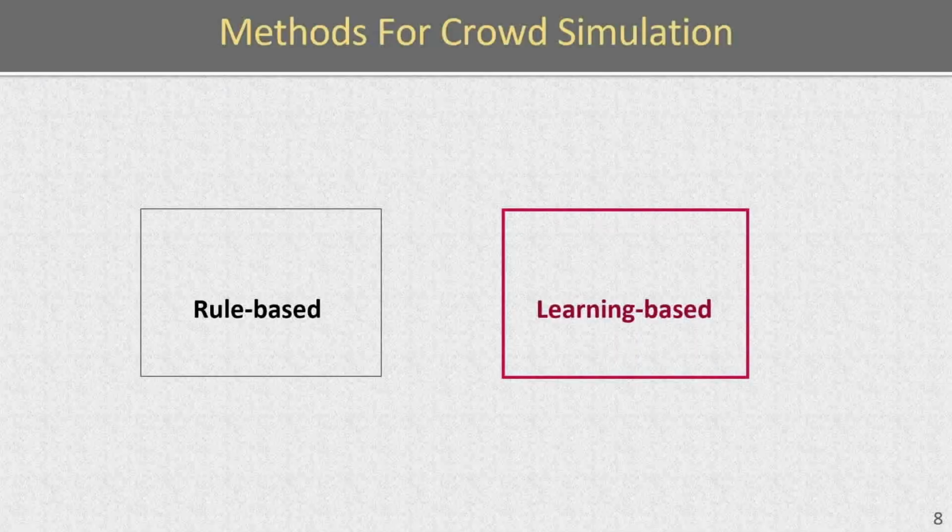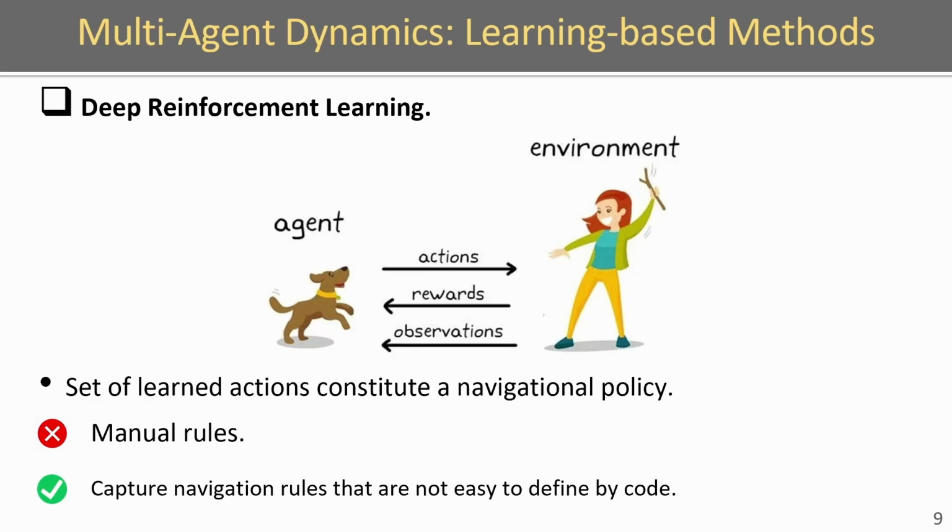For this, researchers have recently concentrated on learning-based methods also, where deep reinforcement learning is one of them. The way deep reinforcement learning works is agents in the environment get observations as input from the environment, and they take certain actions in the environment.